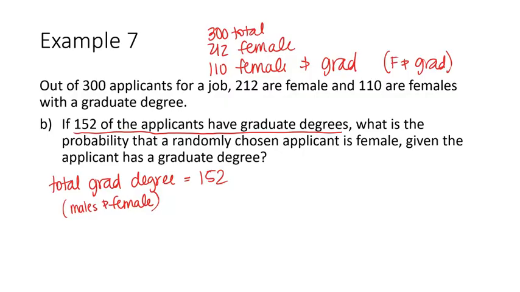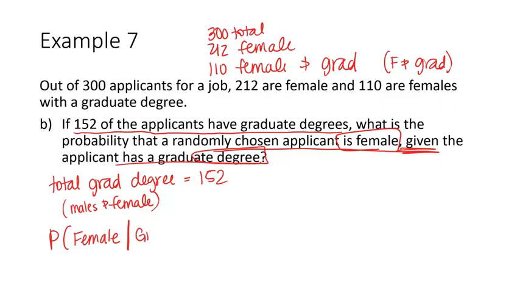So they give me 152 people total have graduate degrees. What's the probability of being female given the graduate degree? So the probability of being female given, now the grad degree is my new total. So I put both on top, female and the graduate degree.